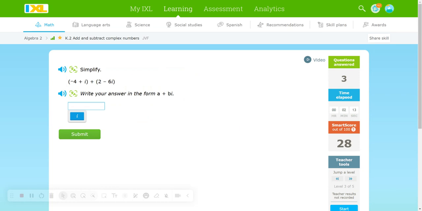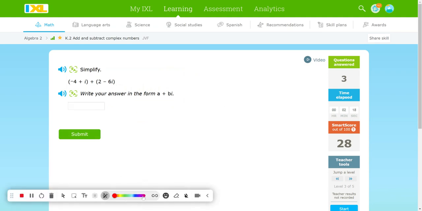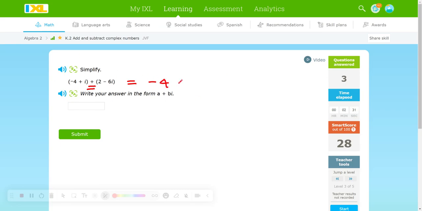So now you see parentheses. Pay attention: if the sign in front of the parentheses is a plus, then when you open it, nothing happens. Just open it the way it is, like opening your door. So subtract 4 plus i, plus 2 subtract 6i.